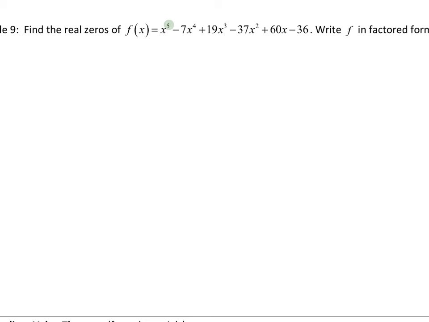The first thing we're going to do is worry about all of the potential rational zeros. So I need to combine the numbers 36 and 1 with all of their factors to get this to work.